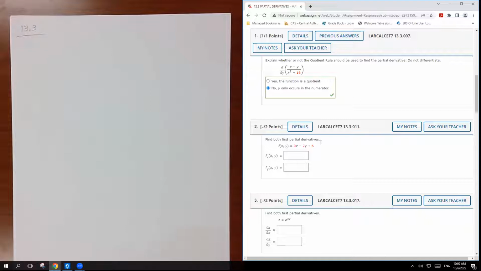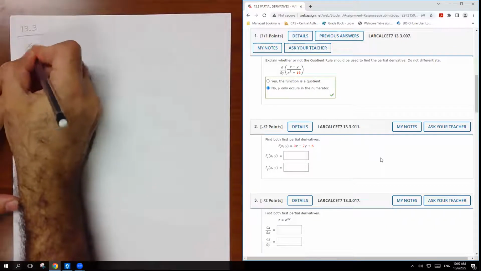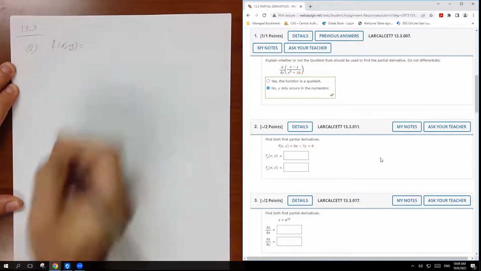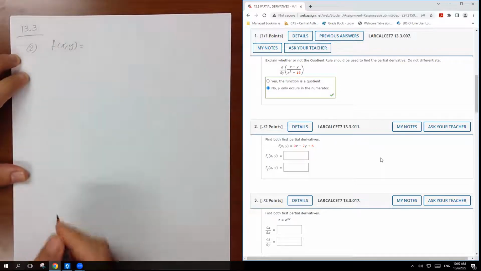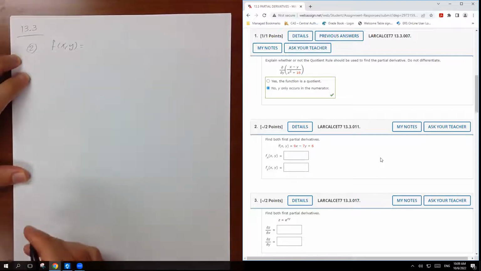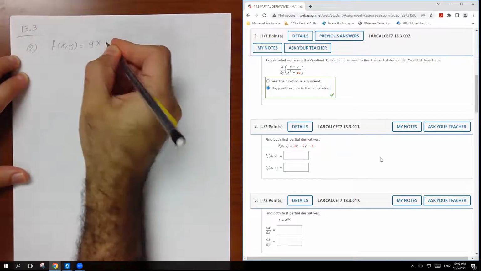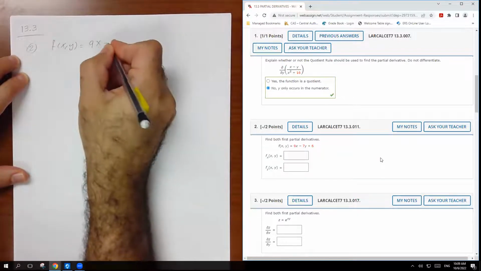Let's start with the second example to find the derivative with respect to the x, then with respect to the y. So the second example, they're telling you f of x, y equals 9x minus 7y plus 6.